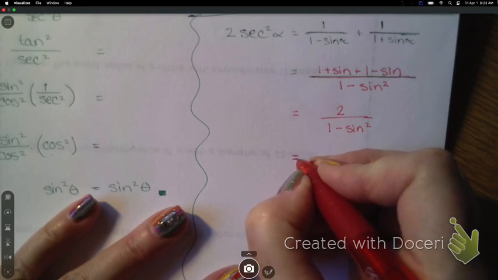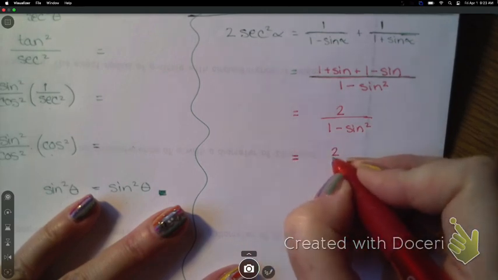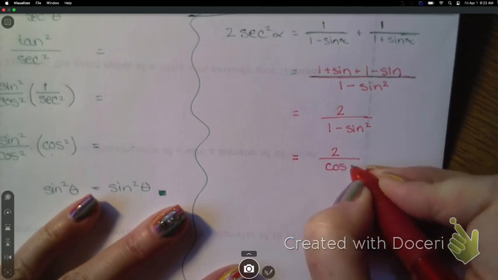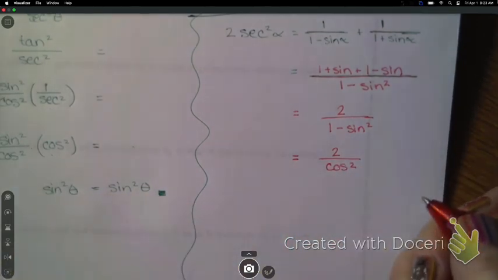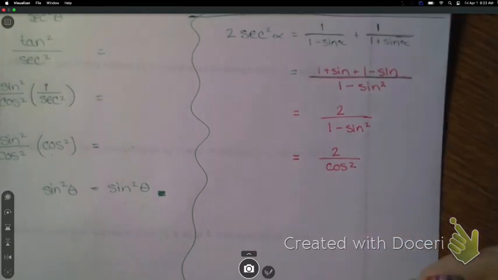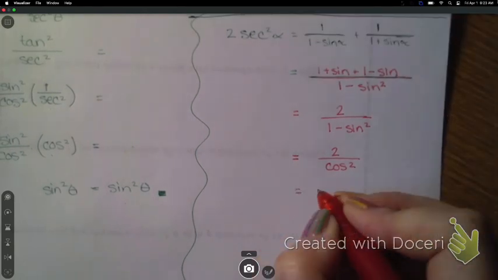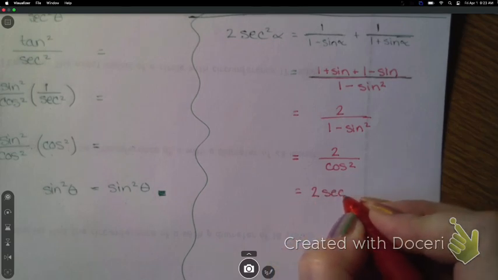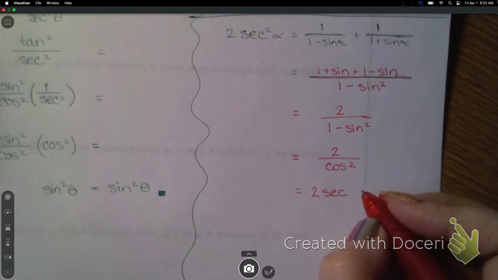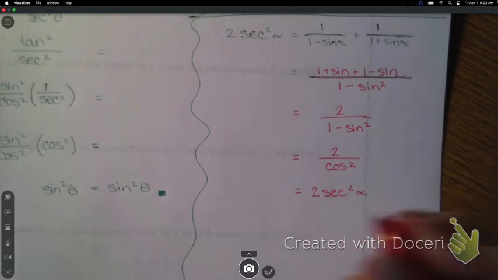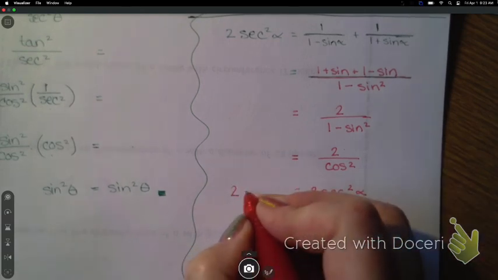Now, a lot of times you get excited and you're like, ooh, I know the answer, and you just write the answer. You can't skip steps. You gotta go through the steps. Now, can I finish it? Yes. So it is going to be 2 times 1 over cosine, which is just secant. Because 1 over cosine is secant. And so I write the left because I'm done.